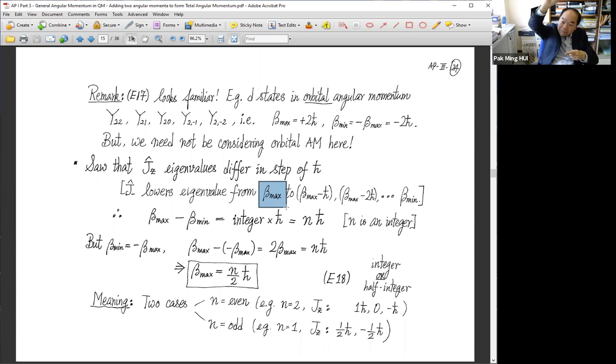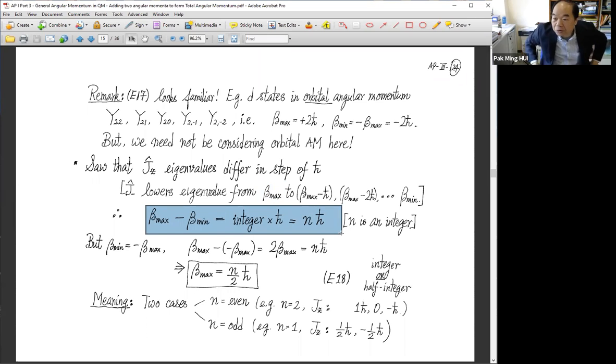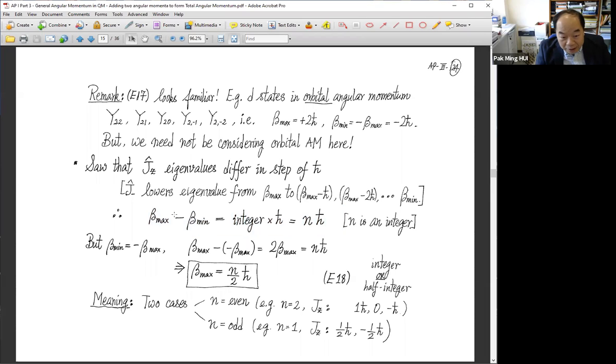Thereby, beta maximum minus beta minimum must be an integer times h bar. So we have this line. That makes use of our argument about the action of J plus and J minus. And now, since beta minimum is minus beta maximum, this becomes 2 beta maximum, and we have the criteria.